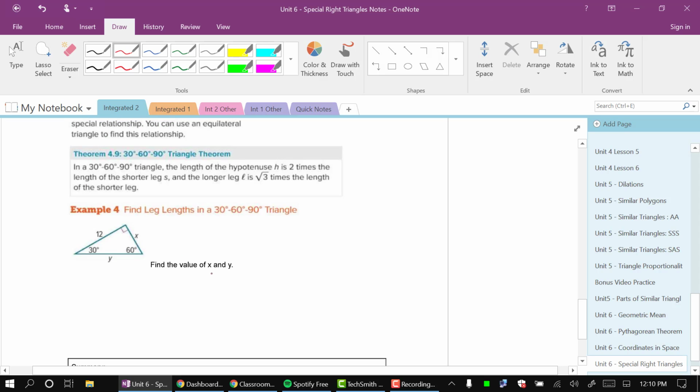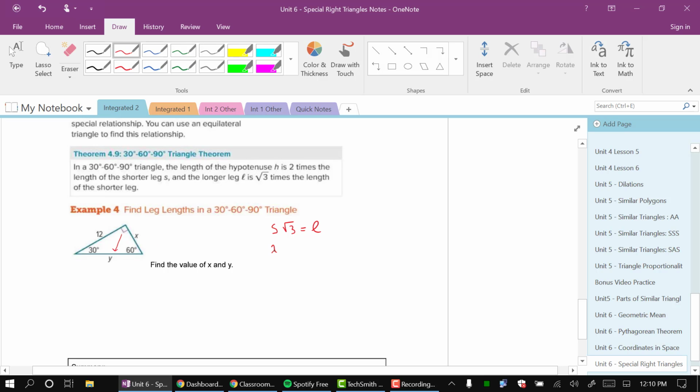In this problem, we have that this is 30, this is 60. That means this is going to be my shortest leg, this is going to be my middle leg, and this is going to be my largest leg because that's the 90. So my shortest leg, S, times the square root of 3 equals L. In this case, our shortest side is x.